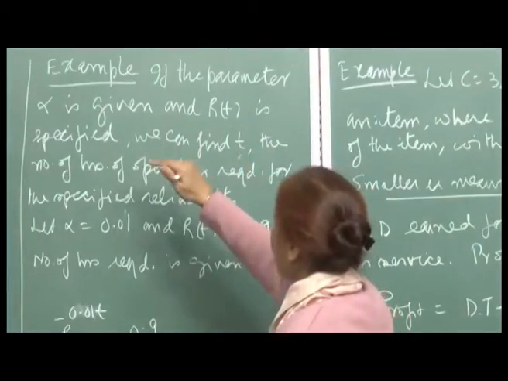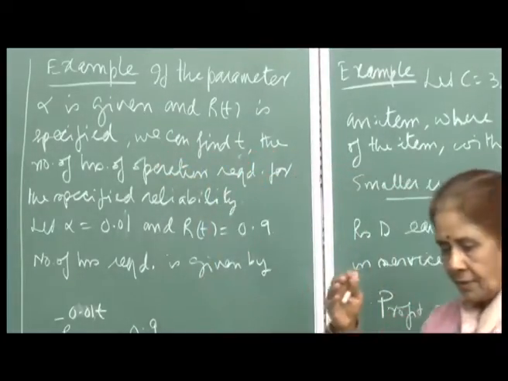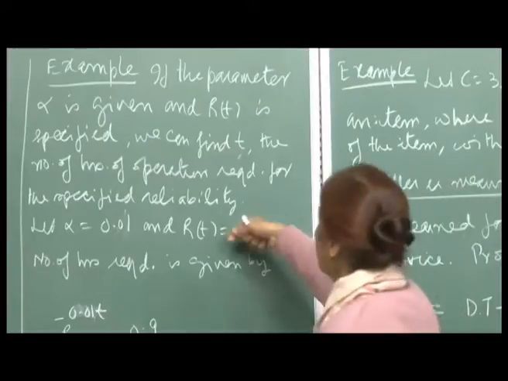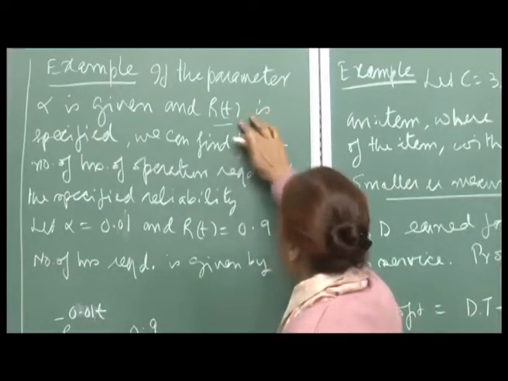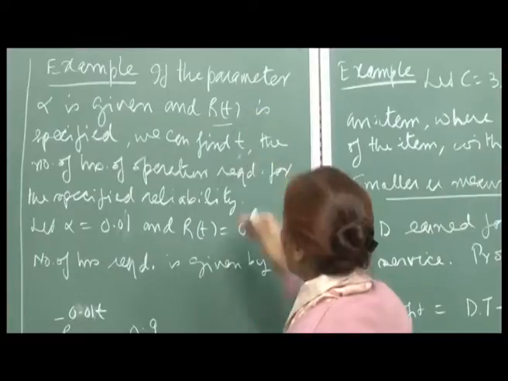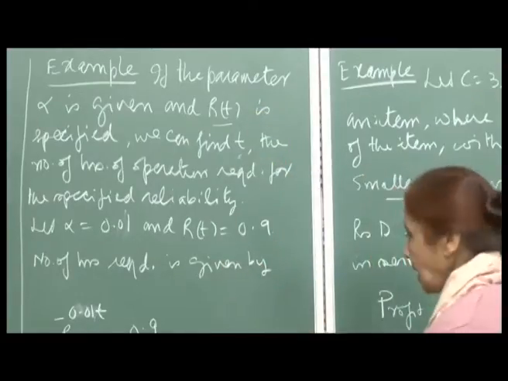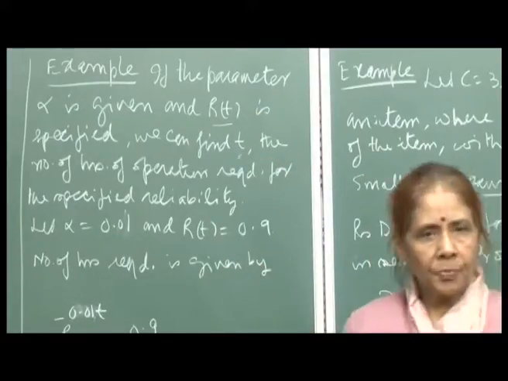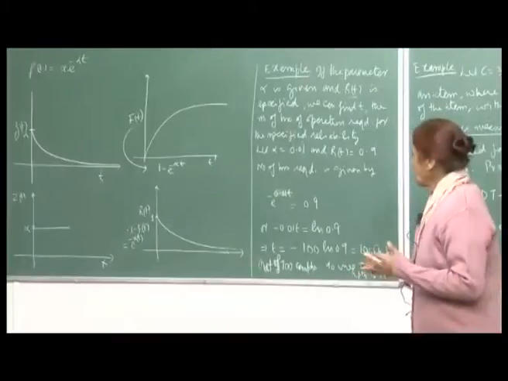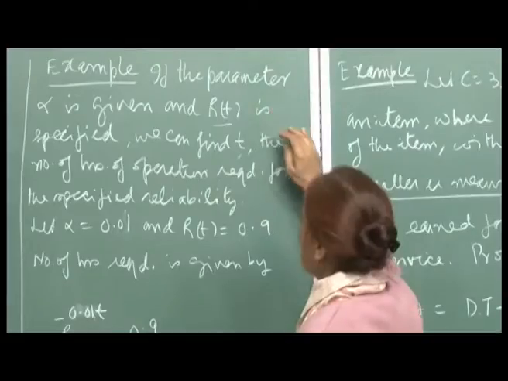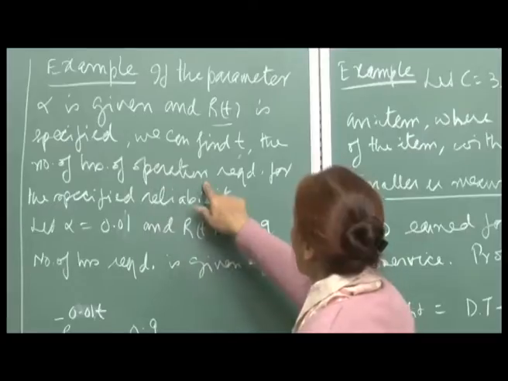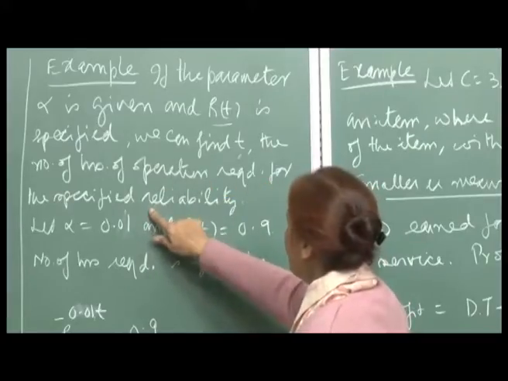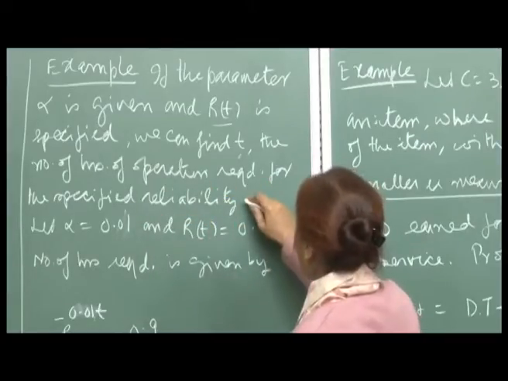Given alpha, you have specified the failure law, and you are asking for a certain level of reliability. So you want to know the time required for the equipment or the component to operate to achieve that reliability, that is, the number of hours of operation required for the specified reliability level.